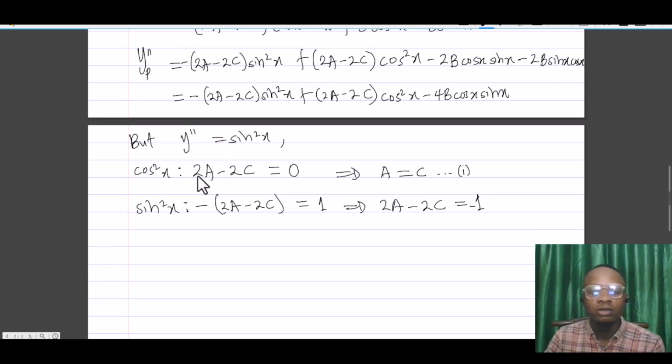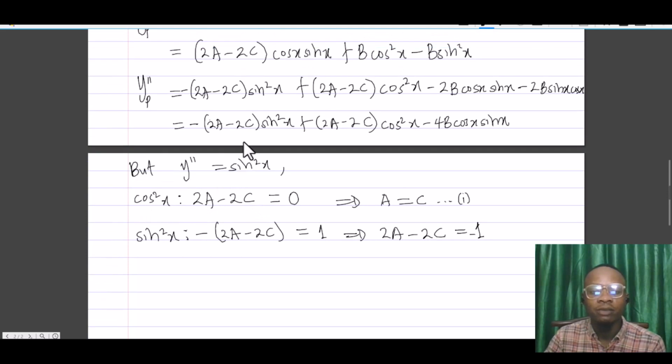Then we have y prime prime equals sine squared x. What is the coefficient of cos squared x? That is 2a minus 2c, and that should be equal to the coefficient of cos squared x here, which is 0. This is going to give us a equal to c. For sine squared x, that is minus of 2a minus 2c, equal to 1.